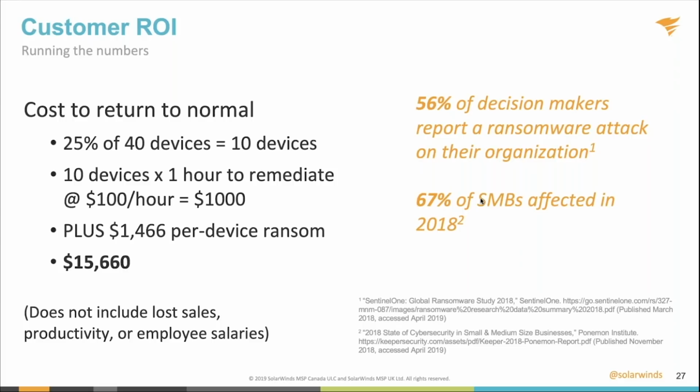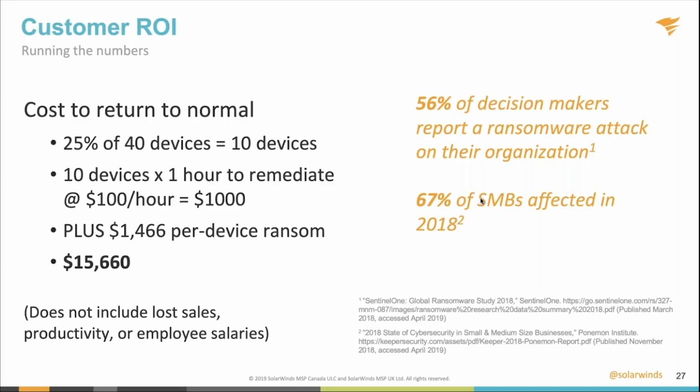That's a big number. And then 67% of SMBs were affected by ransomware attacks in 2018. That's a relatively new number that we were just able to get, and that's a huge number as well. Whether they were personally affected or affected by their supply chain somehow, it's still a really big number.